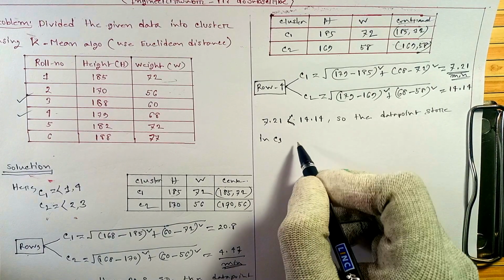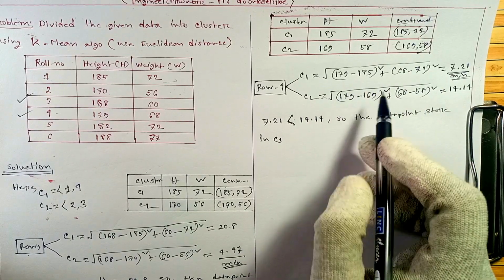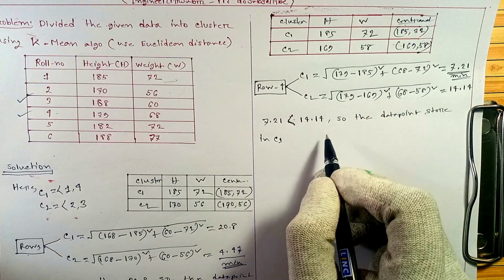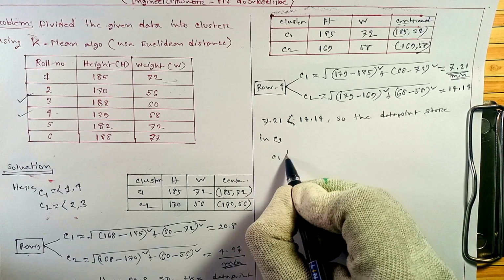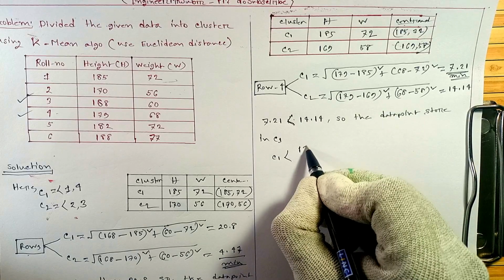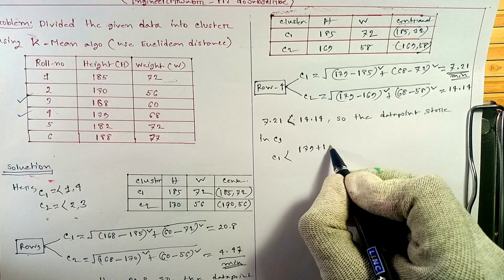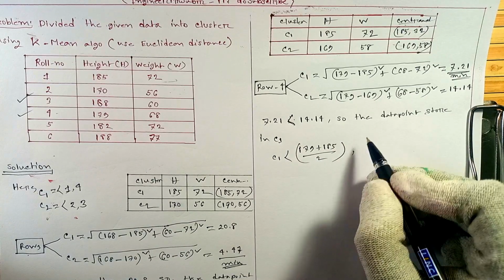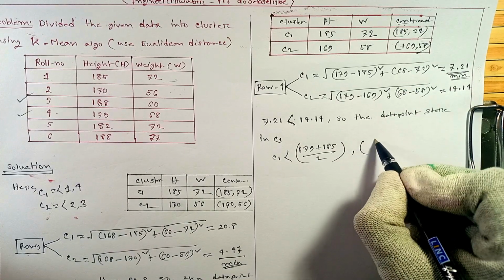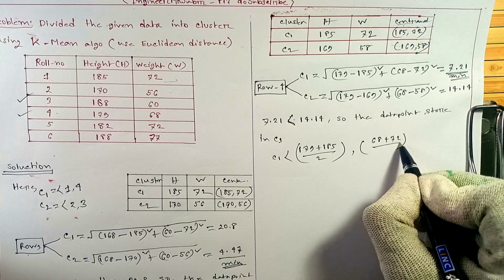And now we have to update the value of C1 because C1 is minimum. How can we update the value of C1? We write here C1 will be 179 plus 185 by 2, comma, then 68 plus 72 by 2.